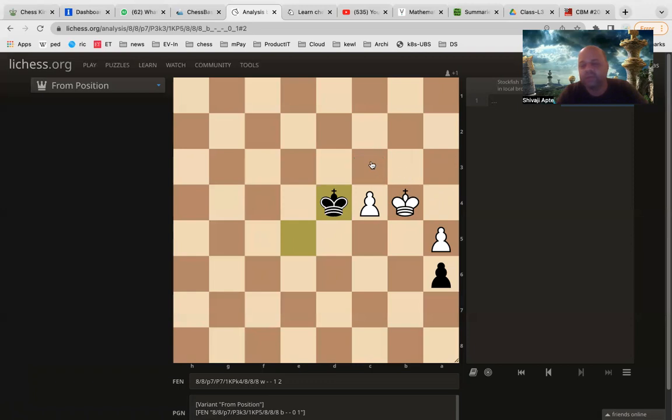But if white goes to this square, where should black be so that he will be able to hold it? Okay, because what happens is, I think the corresponding square for black is this, because from that square white will be able to go to this in one move.